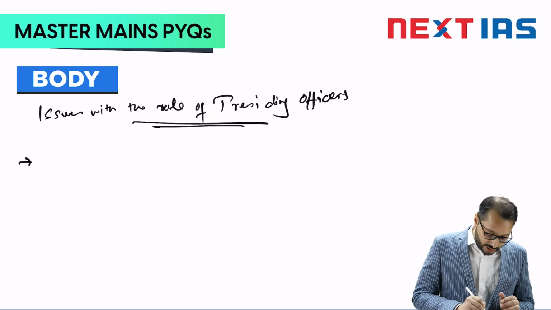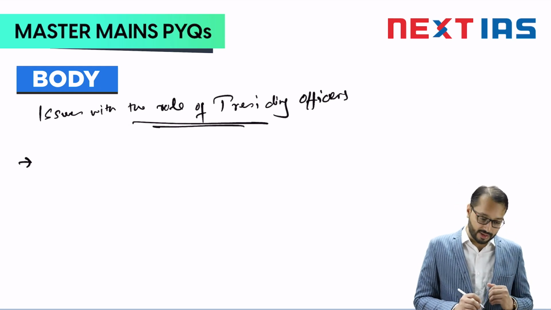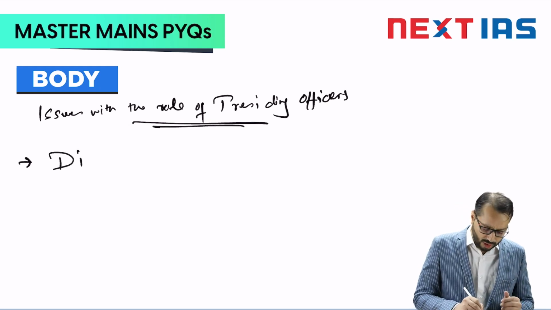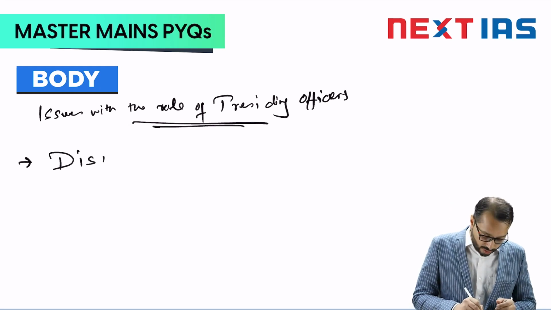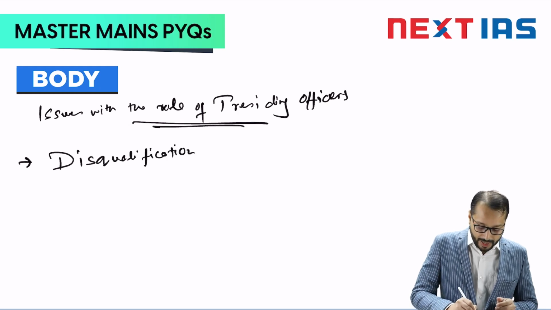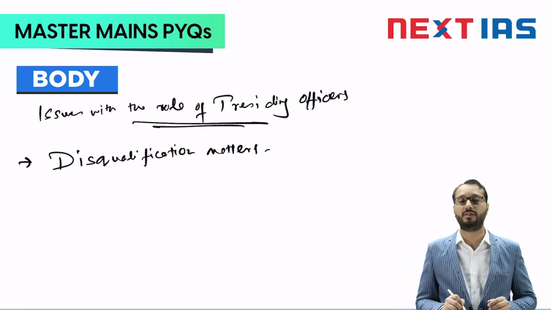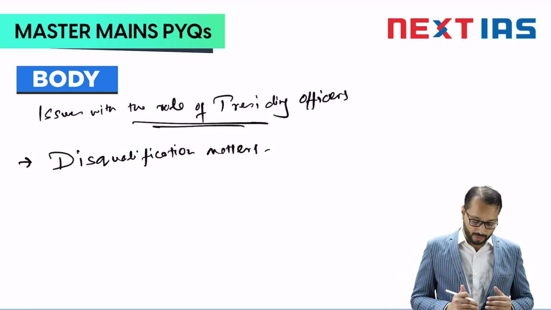So the very first issue that we can highlight is with respect to disqualification matters. It's always anti-defection law, role of speaker is always in use, right? So as far as the disqualification matters are concerned, very recently in Manipur a case happened.